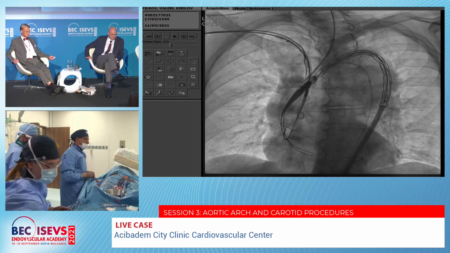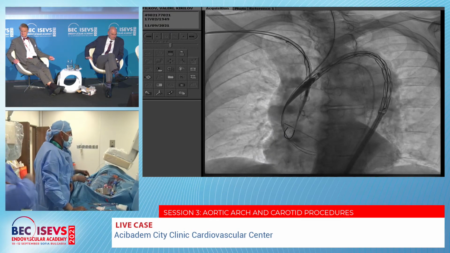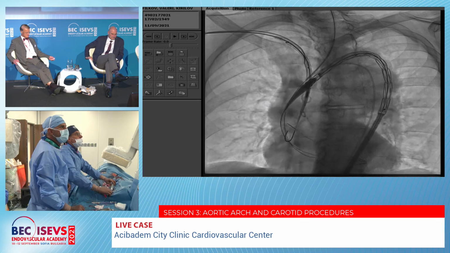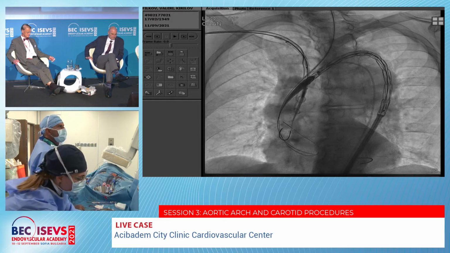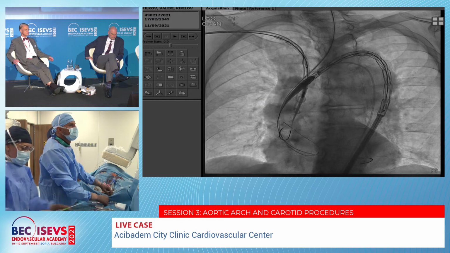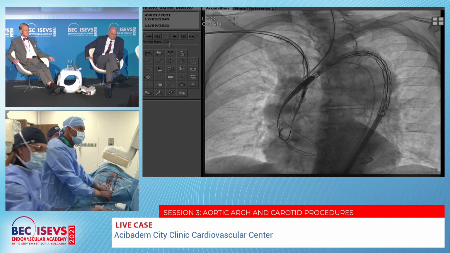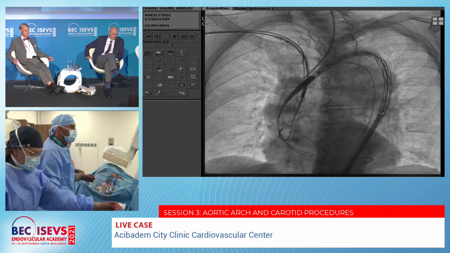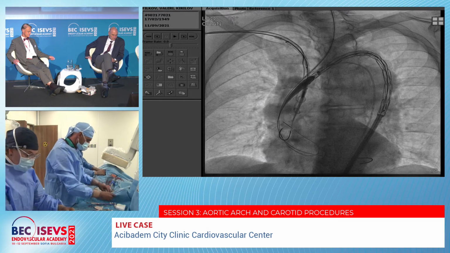So let's try the pacemaker. Put on 120. The capturing is not good, so probably we are going for a temporary pacemaker from the venous access.